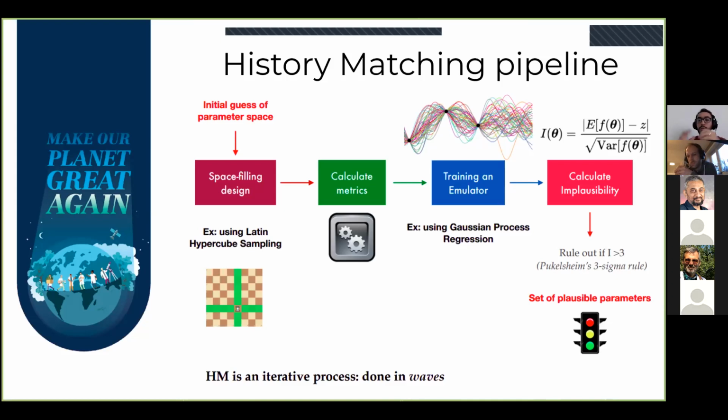So if you already have some estimation of the error of your observation, you can include it here. And you can also include an error on the discrepancy, if there are structural discrepancies or biases in your model. So history matching is really very flexible for this kind of case. Okay, thanks a lot.